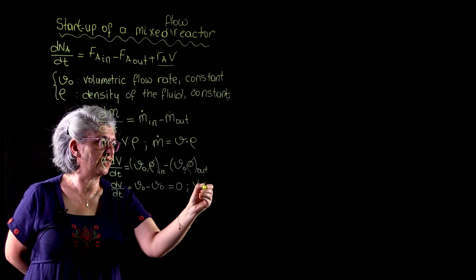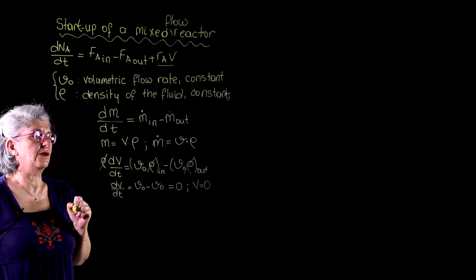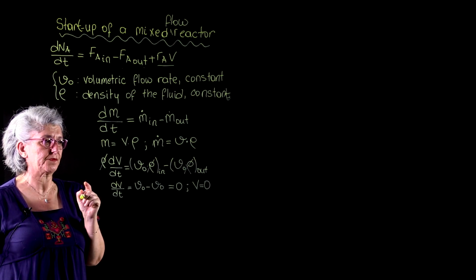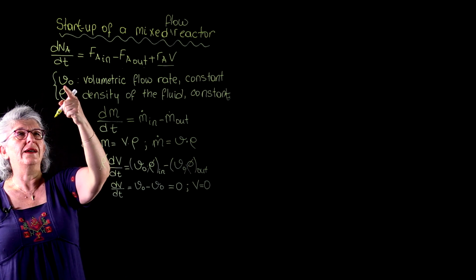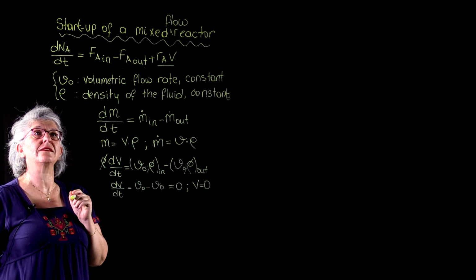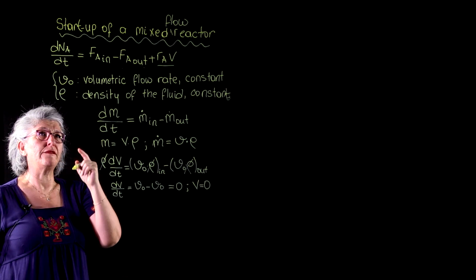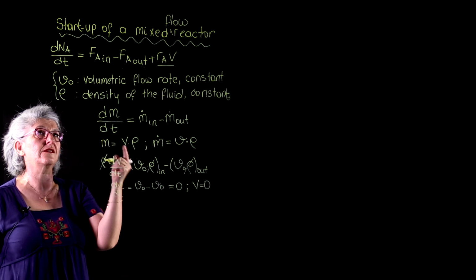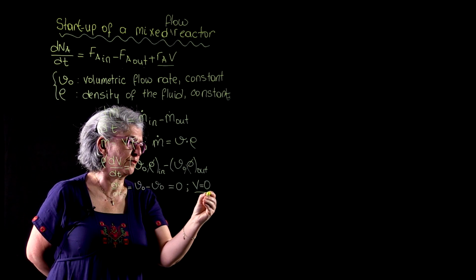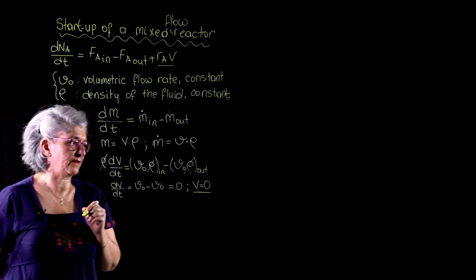is not changing. So the derivation's purpose was to give you a hint about the underlying principles of constant density and constant volumetric flow rate. So when we say constant density and constant volumetric flow rate, that leaves the volume of our reactor constant.